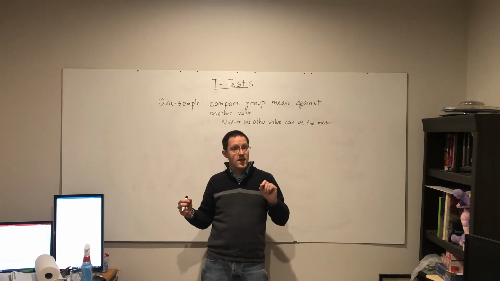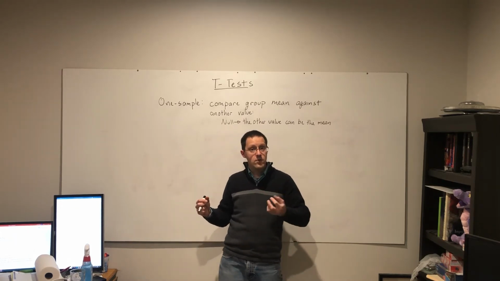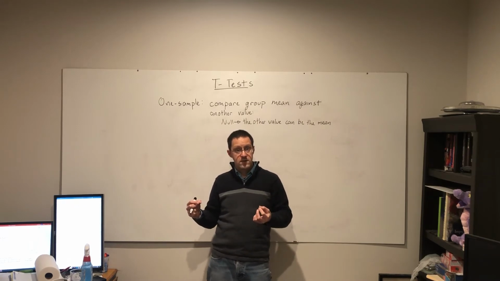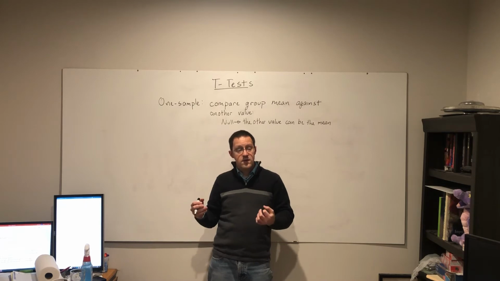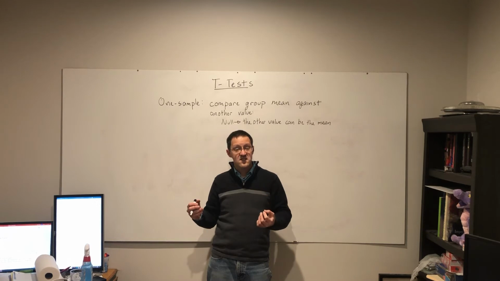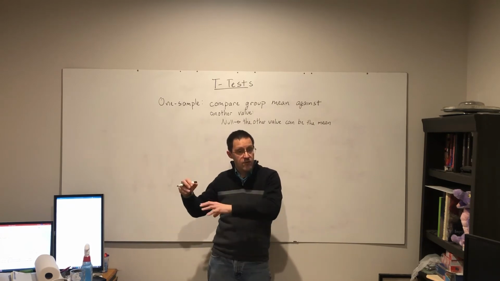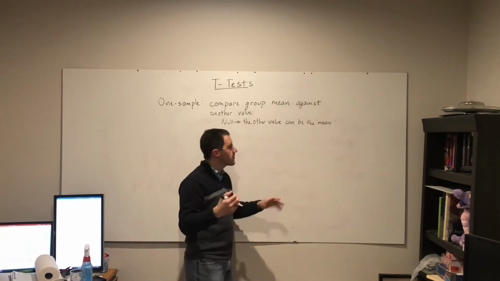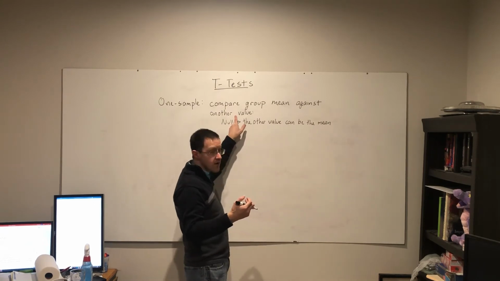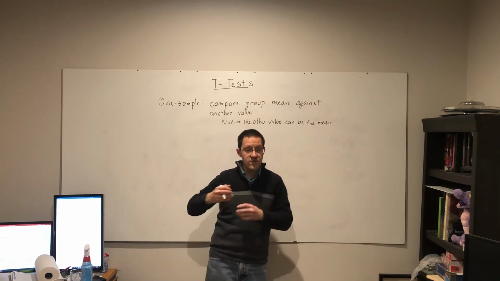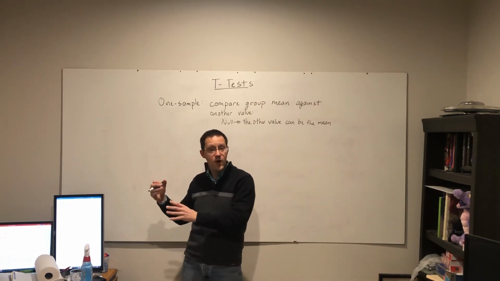So, an example would be if I want to look at the mean unemployment rate for West Virginia counties. And I may want to ask, okay, is this close to, or is it similar to the overall national unemployment rate? So I'm taking some other value, the overall national unemployment rate, and comparing the average unemployment rate of West Virginia counties against that external value.